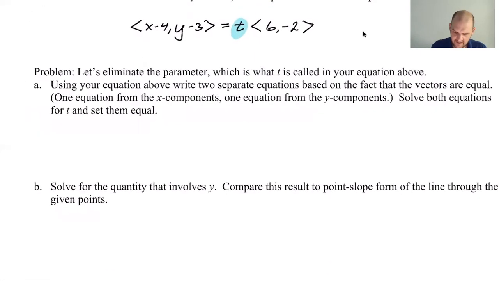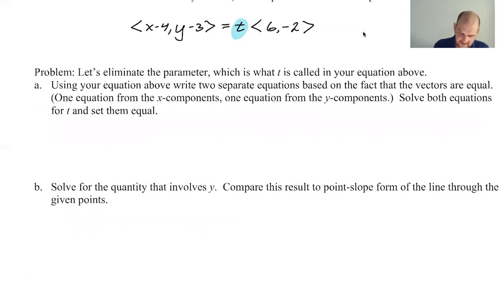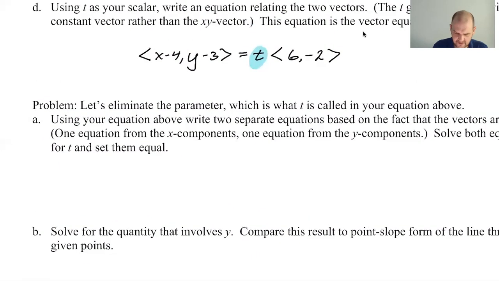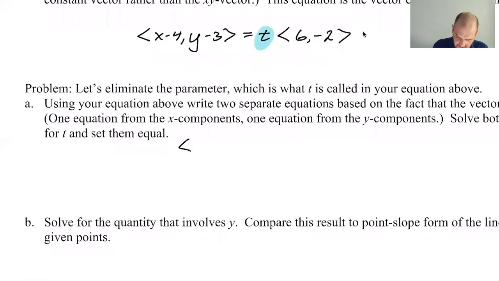So if we take this and we break it up, think about your matrices, right? This is essentially x - 4, y - 3 equals 6t, -2t. Well, that gives us two equations. It gives us x - 4 is 6t, and it gives us y - 3 is -2t.